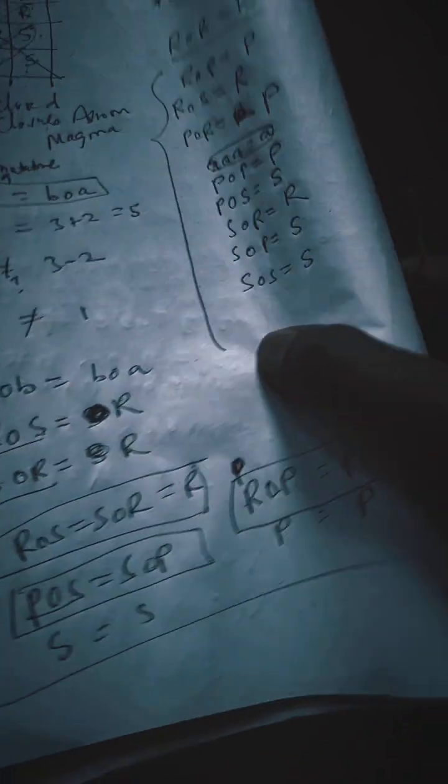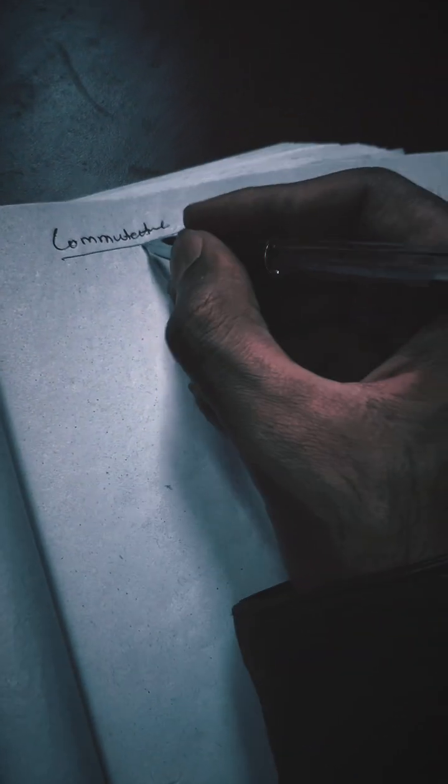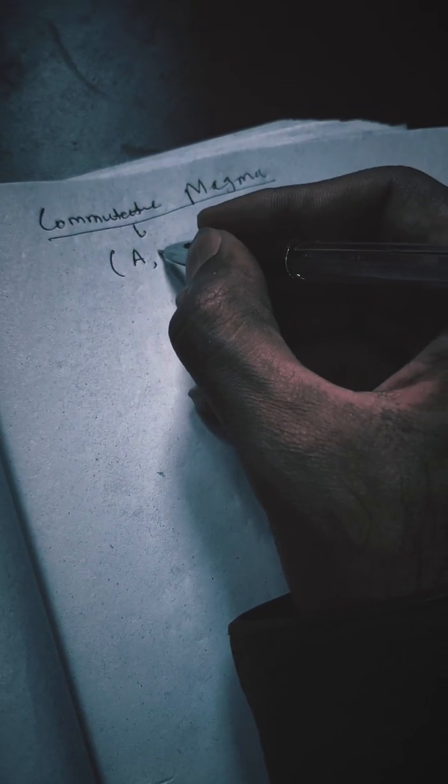So what is this? Now it is called a commutative magma. So what is a commutative magma? It is an algebraic structure, let's say a set A and some operation such that this operation is defined from A cross A to A, right, where this operation satisfies the following axioms.